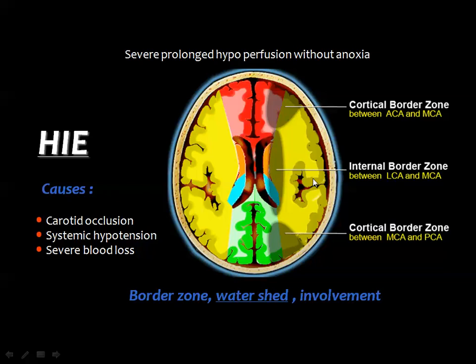Then the watershed infarctions occur at the zones between the territories, like in this area between the anterior and middle cerebral, and this area between the middle cerebral artery and the deep vessels related to the ventricular wall, and here between the middle cerebral and the posterior cerebral artery.